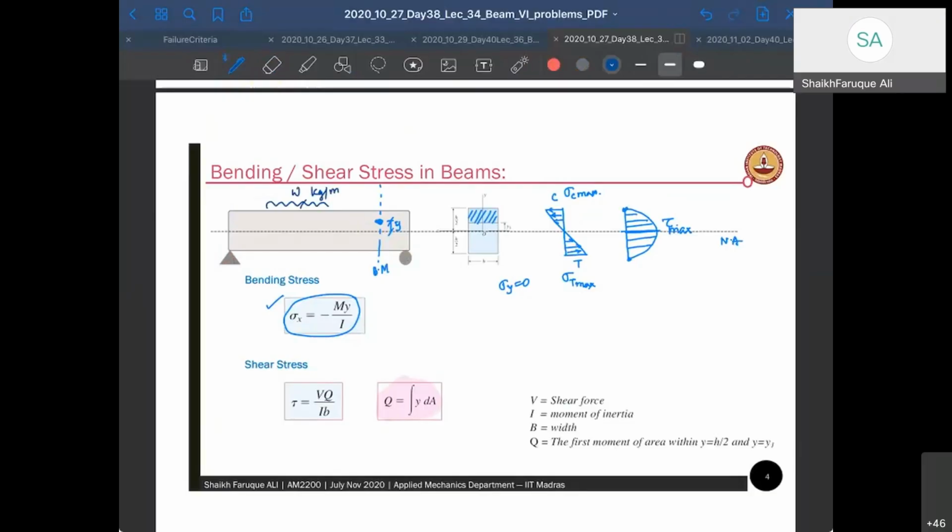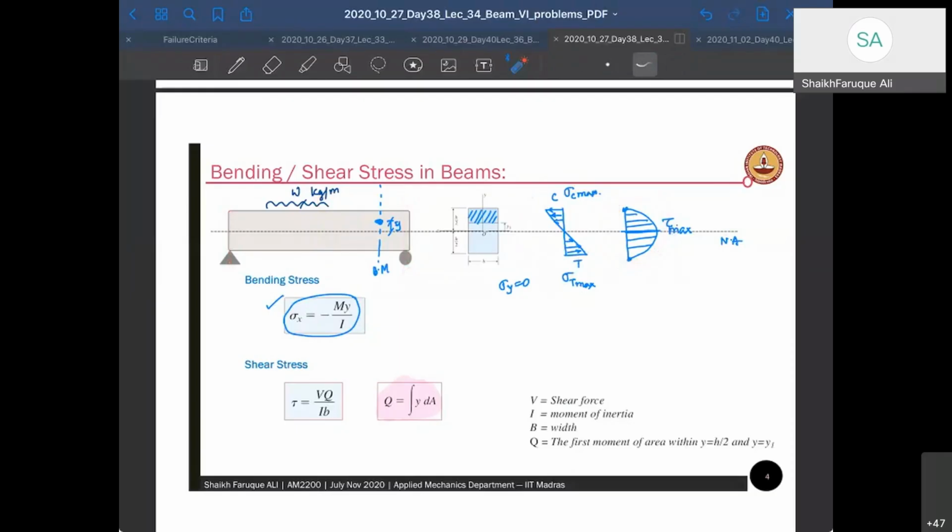For example, a simply supported beam will have maximum bending moment here, so its maximum bending stress will be in the center of the length, but maximum shear stress will be at the boundaries, because the boundaries carry maximum shear force, right? No matter what you do, as long as you are in a linear zone, your stress distribution for bending should look like this, and your stress distribution for shear should look like this.